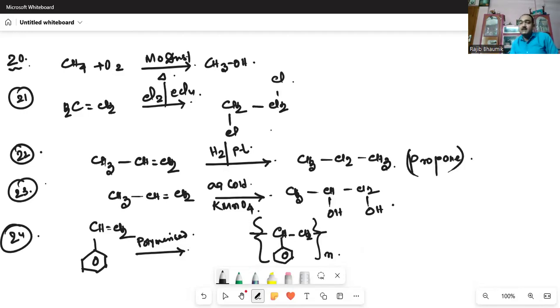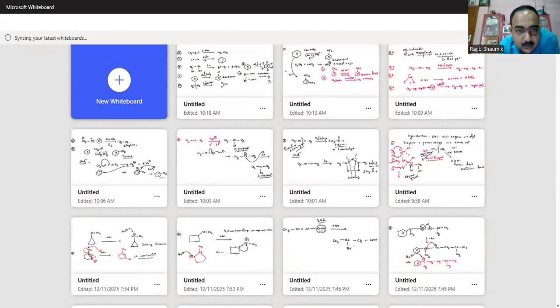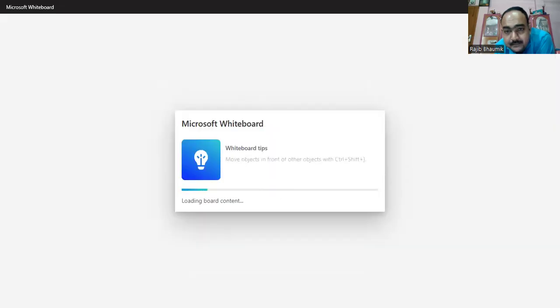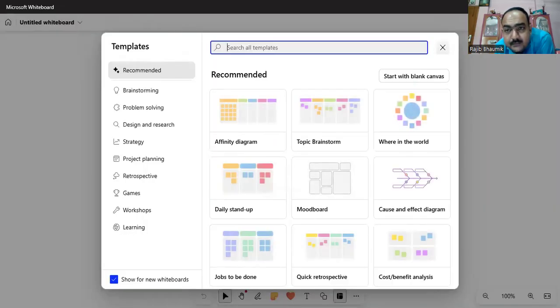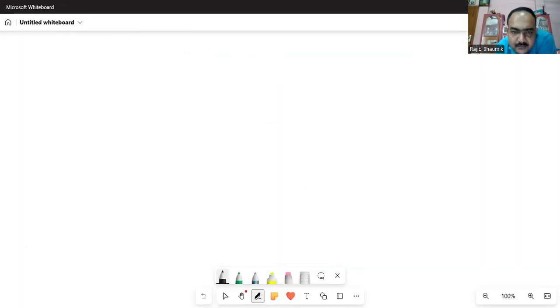Okay, n is a variable number here, so we should write down n here. As long as you want, you can add to the chain. Okay, after 24, that is 25. It is question number 25.